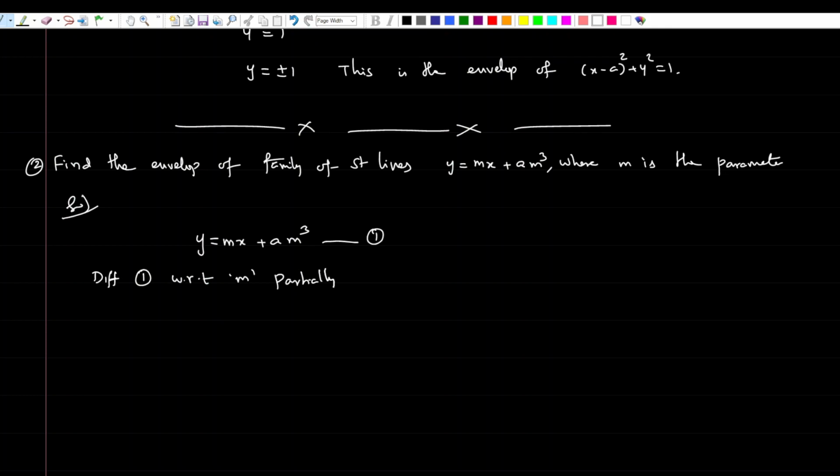Partially, therefore you get 0 is equal to x plus 3am square. Therefore I am getting 3am square equal to minus x, and m square equal to minus x by 3a. So m is equal to minus x by 3a whole power 1 by 2.